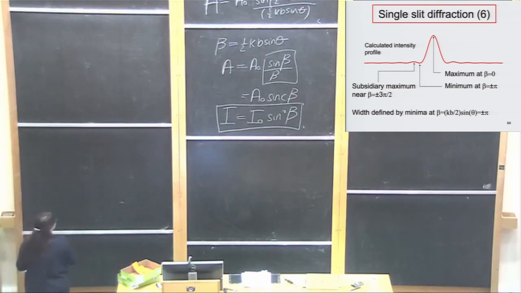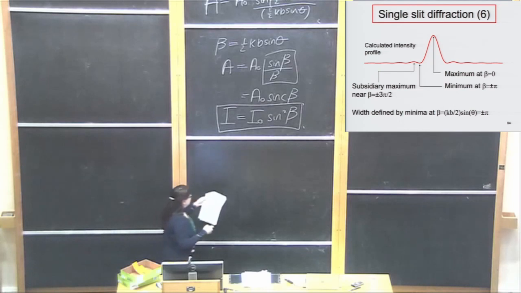At some point it gets to 0, and we'll consider this point where it drops to 0 for the first time quite a lot in a minute. It's then going to rise again, and you get these subsidiary maxima roughly, but not quite, at 3 pi by 2, 5 pi by 2, etc.